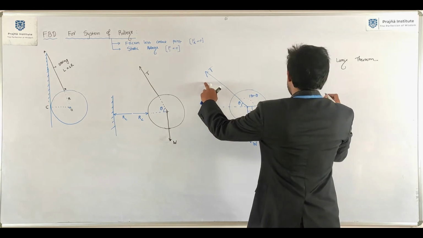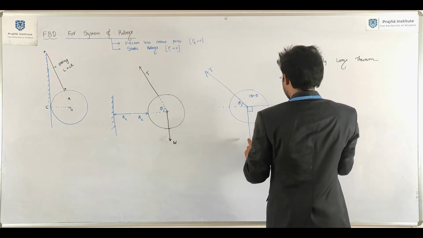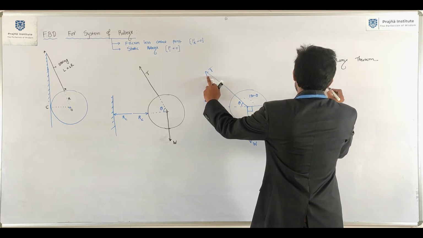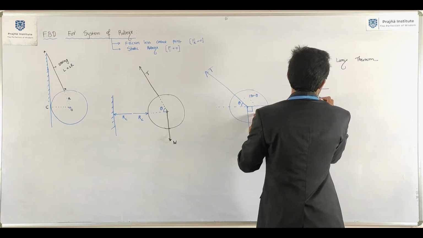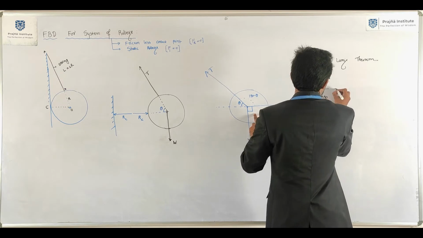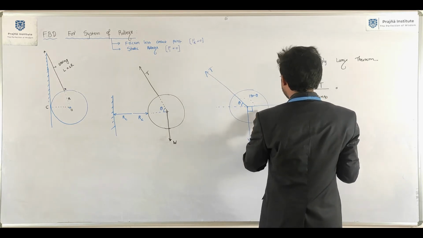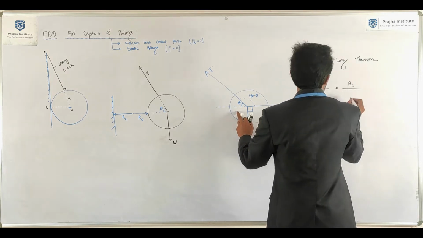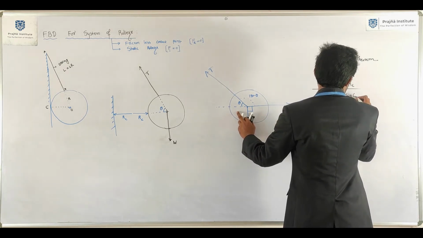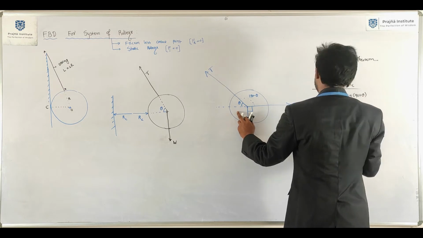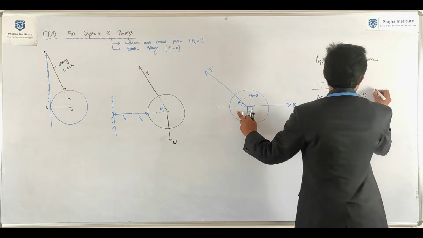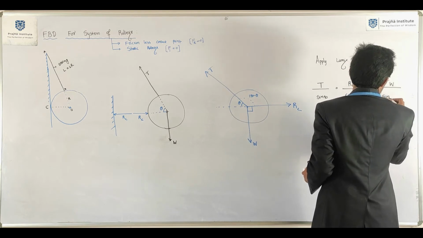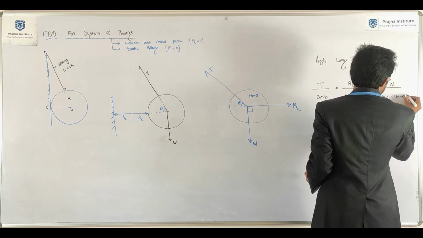Tell me, here from where can we start? Tension. That is up to you. Tension T by sin 90, R_C by sin (90 plus theta), W by sin (180 minus theta).